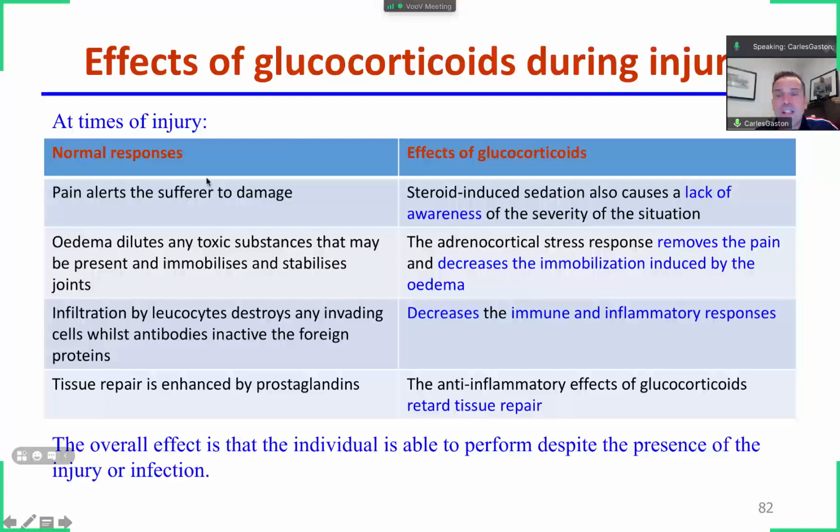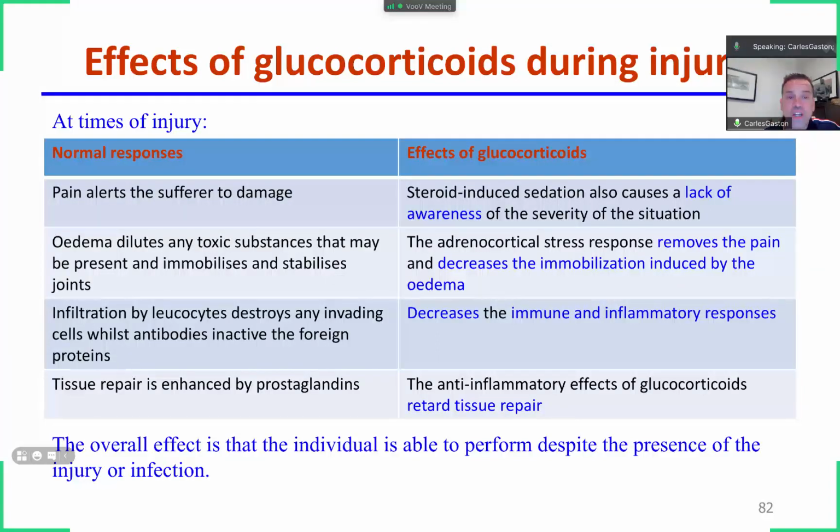Pain alerts the sufferer to damage. Okay? The effect of glucocorticoids, steroid-induced sedation, also causes lack of awareness of the severity of the situation. Edema dilutes toxic substances that may be present and immobilizes and stabilizes joints.